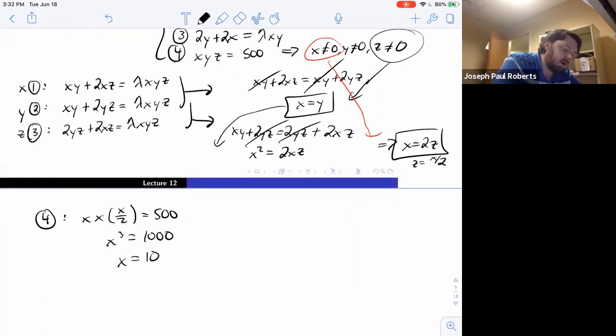And then y is x, so y is 10. And z is x over 2, so z is 5. And so I get 300 inches squared of cardboard was the answer there.